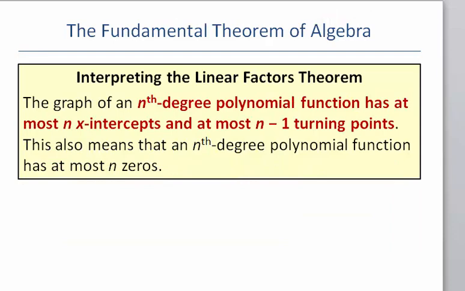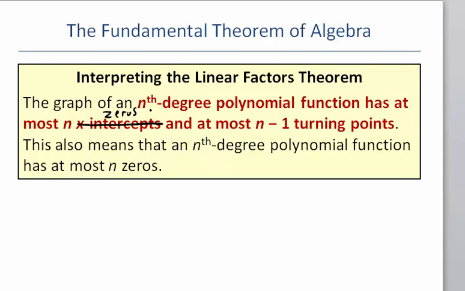We also have a rule that says that if your degree is n, that you have at most n x-intercepts, and remember an x-intercept is the same thing as a 0, so they really could have said zeros here.